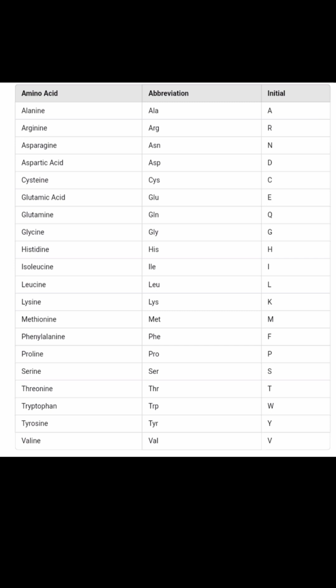I want you to pay attention, and please write all these important things or amino acids down in your notes, because I'm going to be asking you in the course of your exams. So we have 20 essential amino acids that can be seen in the human body.